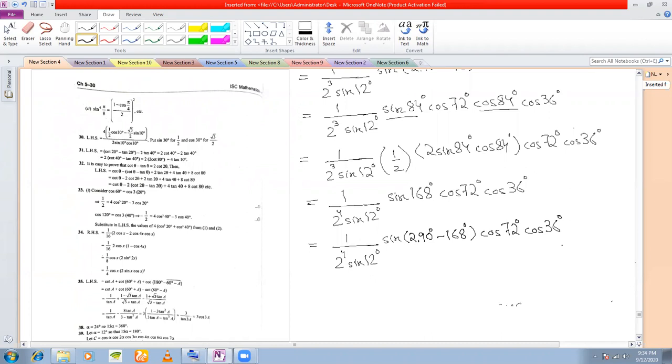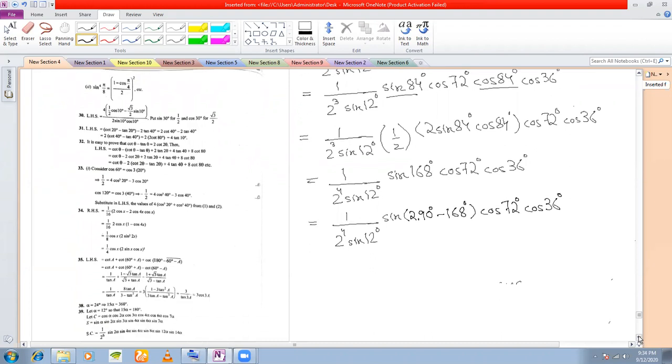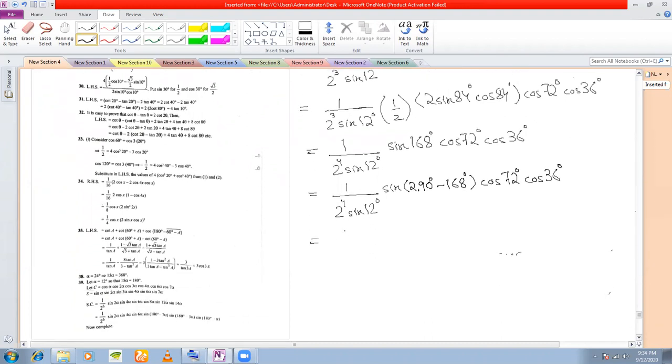So you will get 1/2 to the power of 4 sin 12° cos 72° cos 36°. This sin 12, this sin 12, they cancel. So you're only going to get 1/2 to the power of 4 cos 72° cos 36°, isn't it?